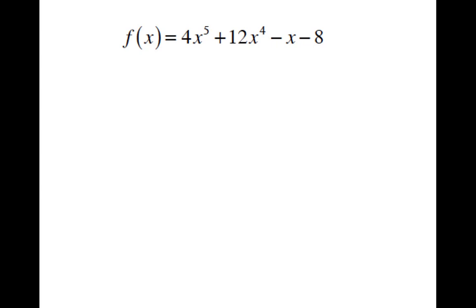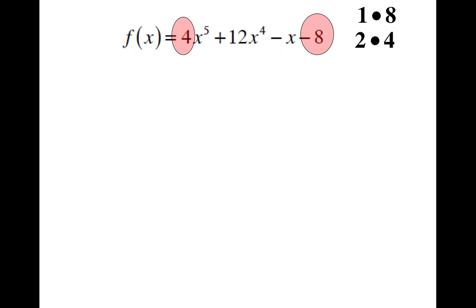So in our example, you're going to find the factors of the constant on the end, 8, which would be 1 times 8 or 2 times 4, and those are the only possible ways to multiply to get 8. And then we're going to find the factors of the number 4, our leading coefficient.